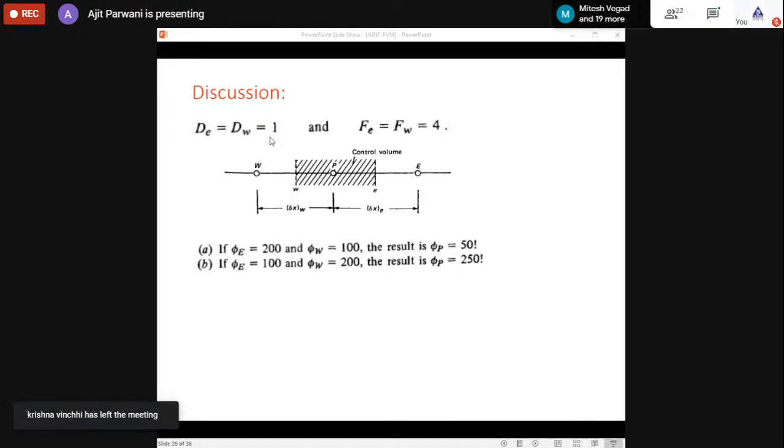So it means that it should give an unrealistic solution according to our rules. You will see how. Now let's examine this. Suppose the temperature at the point W is 100 and the temperature at the point E is 200. So phi E is equal to 200, phi W is equal to 100, DW is equal to 1, FE and FW are equal to 4. Then what is the value of phi P?